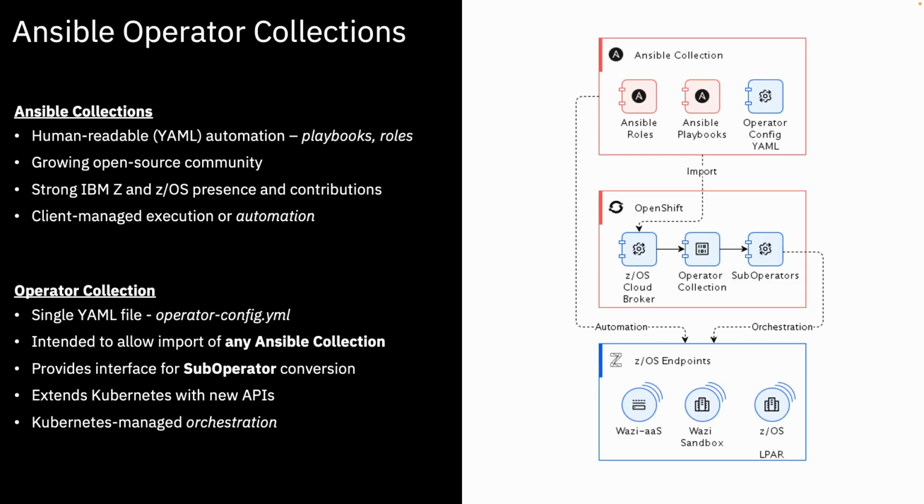So we're providing some of that automation in these collections. The benefit from a collection perspective, and why we chose that, is that it was already an existing format for distributing content, easy for us to include our IBM Z content as well as other community content for automation, and something that a lot of Ansible users are already familiar with.